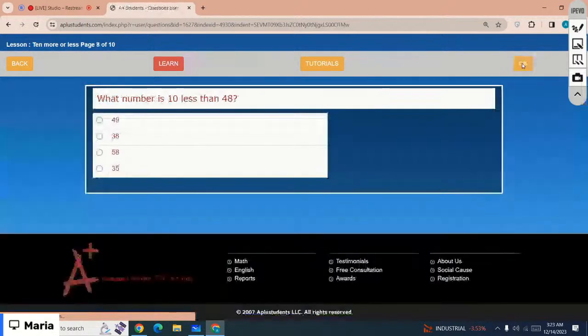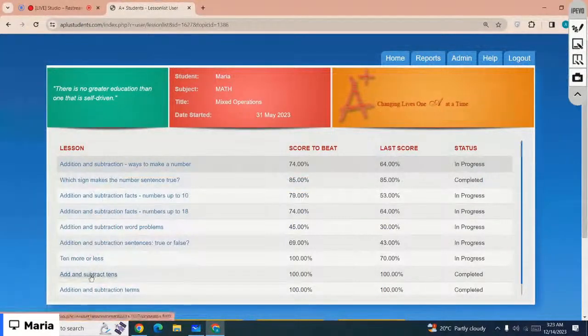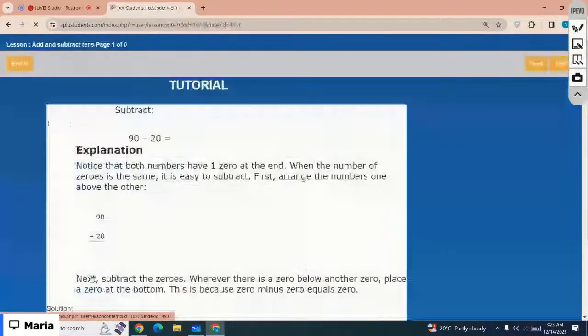And the next lesson is addition and subtraction. Add and subtract tens. Okay, so subtract 90 minus 20.